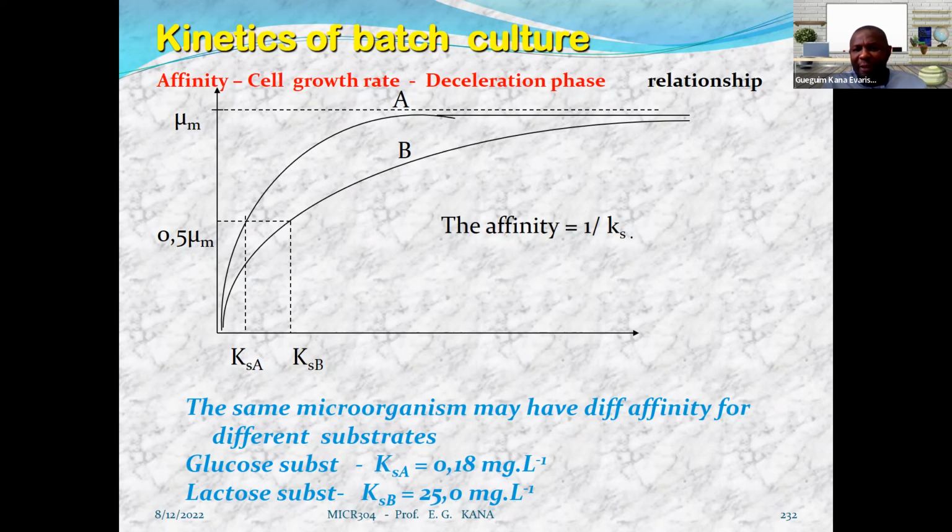Of course, you have to provide the explanation to your answer. You'll justify based on the affinity level. In the exam context, you use affinity level to explain why. You have to explain that one has a higher affinity compared to the other one.